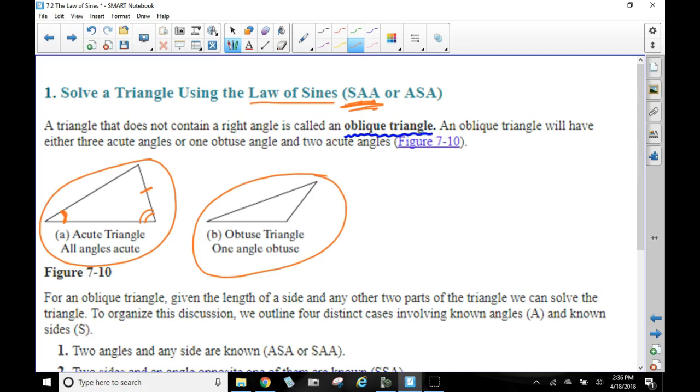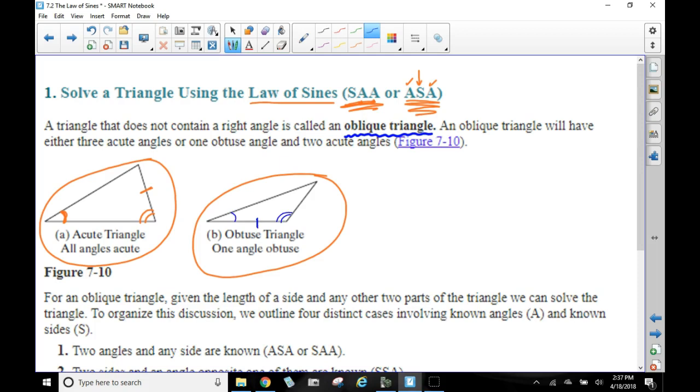Whereas this one, angle-side-angle, you are given an angle, and the side that is included between those two angles. So if you have that case, you might be given this angle and the side in between that.